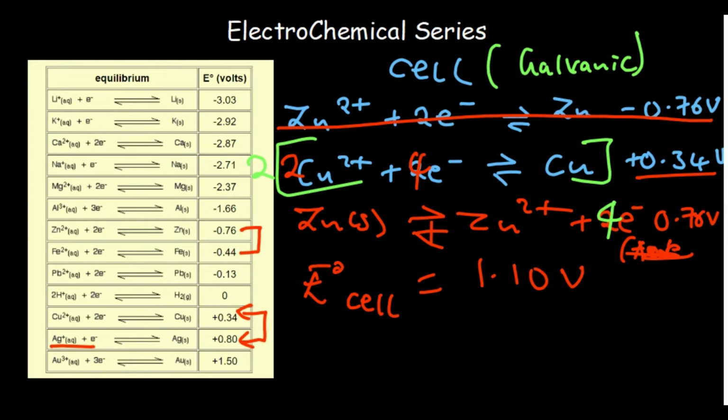You don't multiply it by the same coefficient. That's very important. The value of the standard cell potential is not affected by the number of electrons. Even if you multiply this equation, for example, that value will still remain as it is. The only thing that happens to it is it only changes if you reverse the reaction.